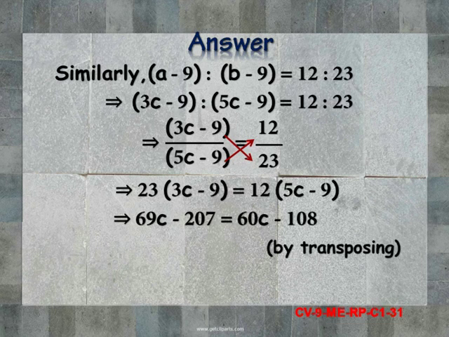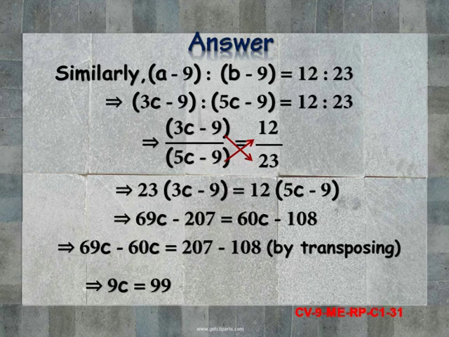By transposing, we get 69C minus 60C is equal to 207 minus 108. That is 9C is equal to 99. Therefore, C is equal to 99 by 9. On simplification, we get C is equal to 11.